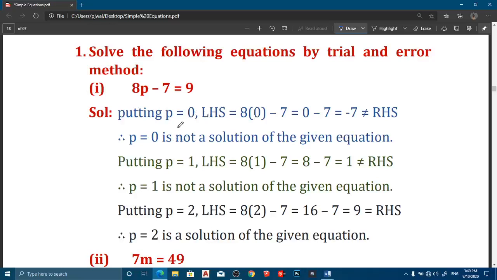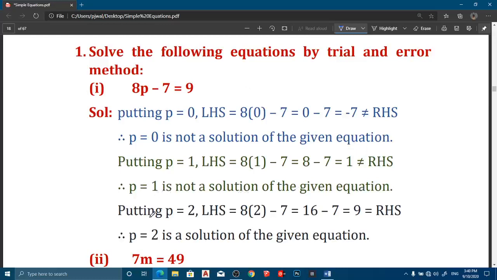Next, we take the next trial with p is equal to 1. Take the LHS, which is 8 into 1 minus 7. 8 minus 7 is equal to 1, which is again not equal to the RHS 9. So p is equal to 1 is also not a solution of the given equation.